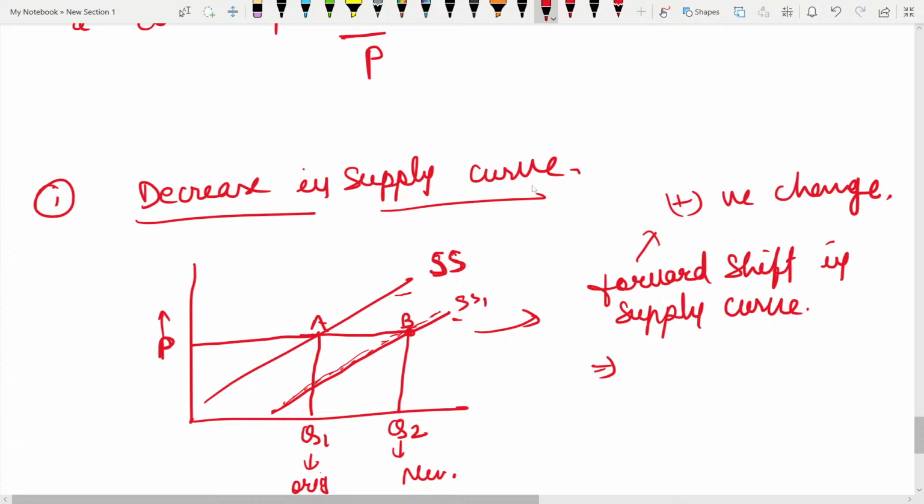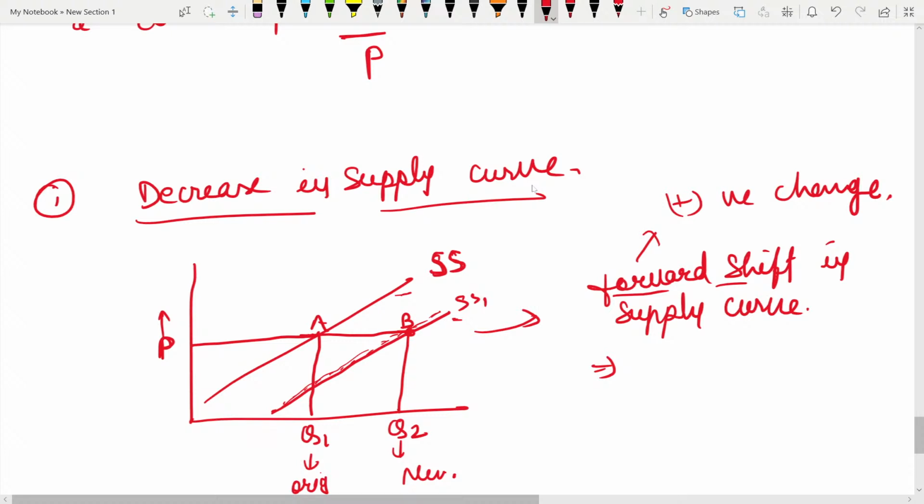Because of all those reasons, supply curve has shifted rightwards, downward to the right. So this is forward shift in supply curve.